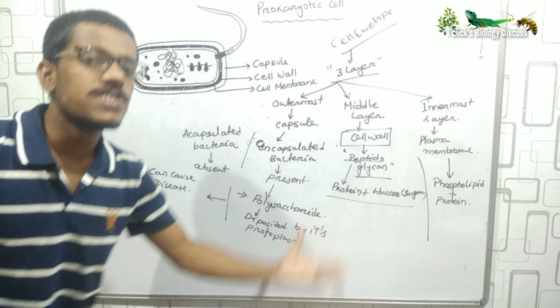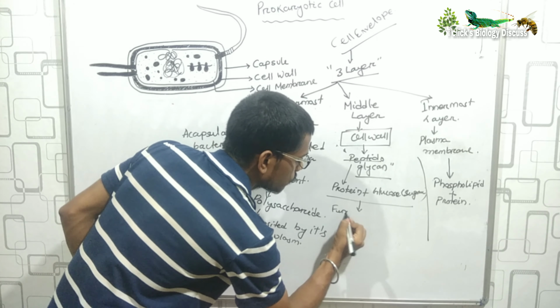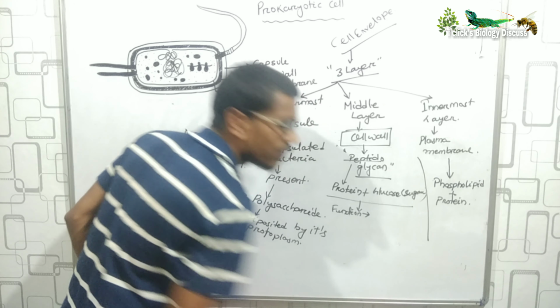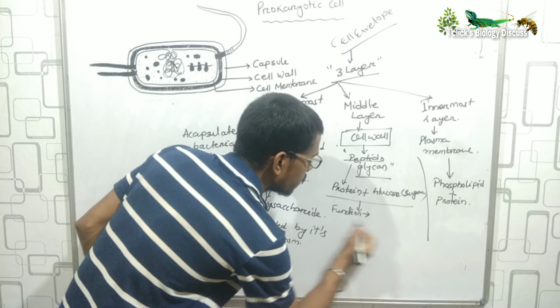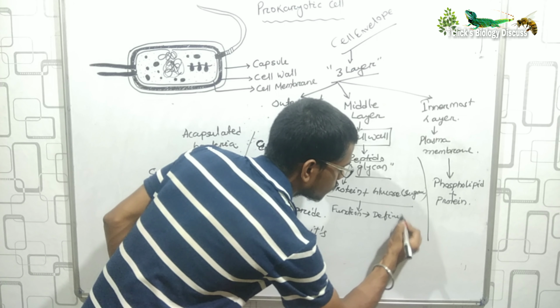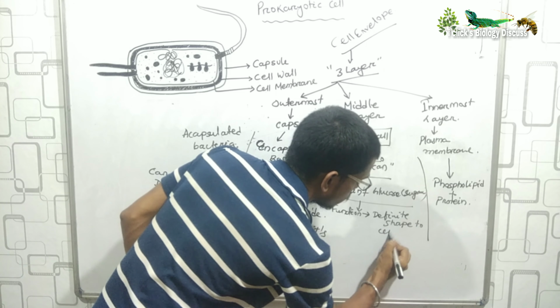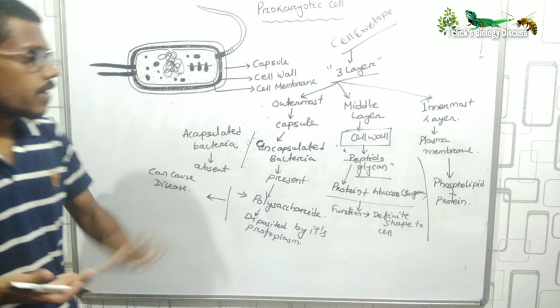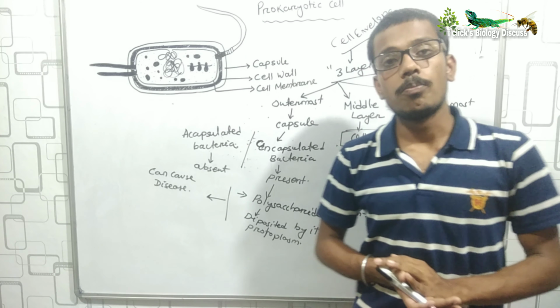What is the function of the cell wall? The function of the cell wall is that it gives a definite shape to the cell, as well as it protects the cell from bursting.